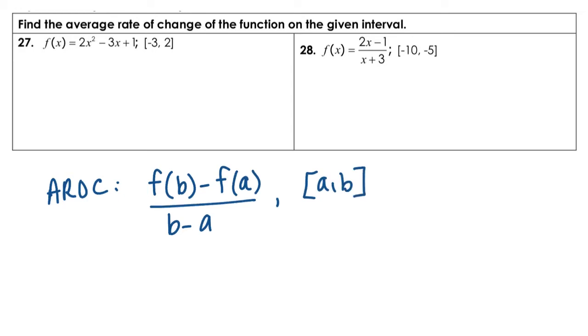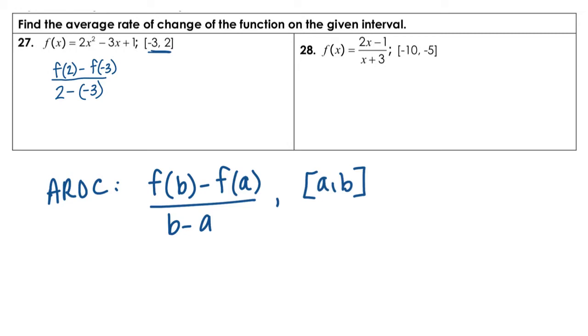So in these examples that were given, we have our interval from -3 to 2. So we can go ahead and set up our denominator. We're going to have 2 minus a -3. That's the denominator. The numerator is going to be f at 2 minus f at -3.